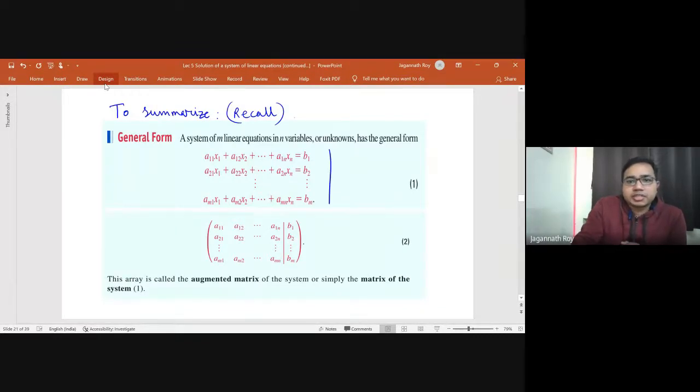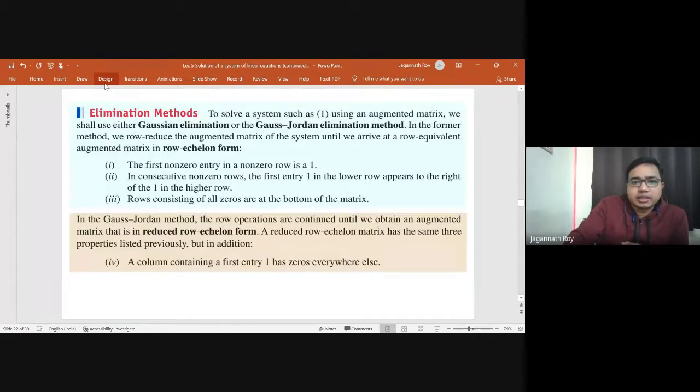If we have a system of linear equations, we try to write the augmented matrix AB. From here we will get the A matrix, and we will do the elimination process. Either you use the Gaussian elimination or the Gauss-Jordan elimination.